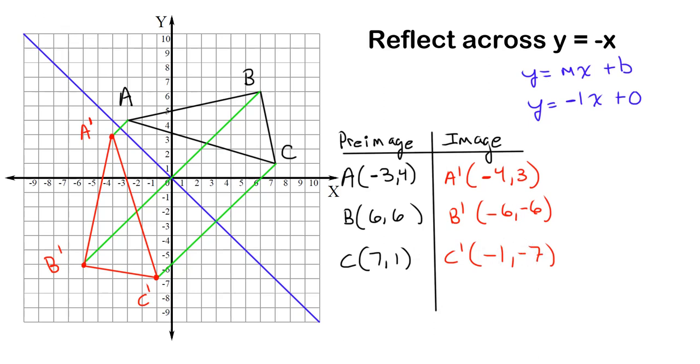So the pattern here, when we reflect across the line y equals negative x, is (x, y) becomes (-y, -x), the opposite of y, the opposite of x. And that's going to happen every time we reflect an image across the line y equals negative x.